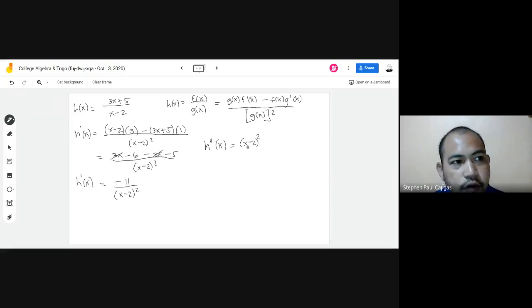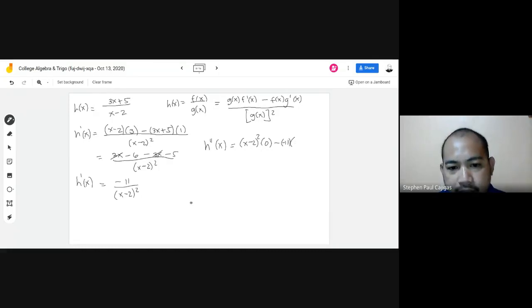The derivative of negative 11 is 0, so that cancels. Minus high, negative 11 times the derivative of x minus 2 quantity squared, so we use the chain rule.